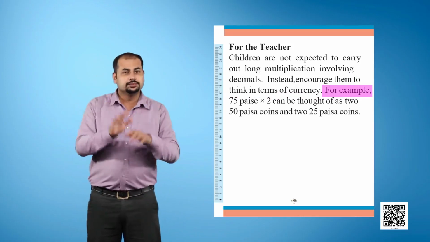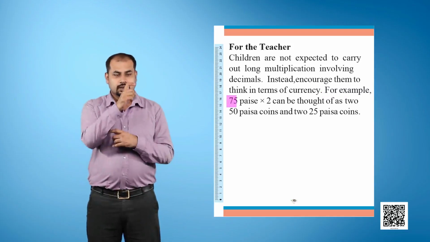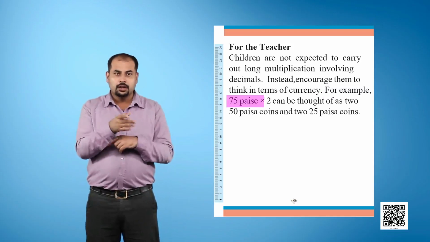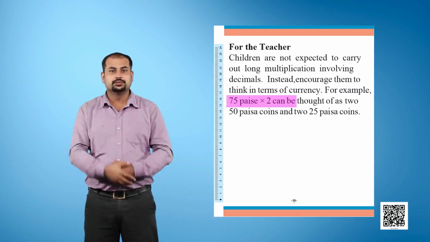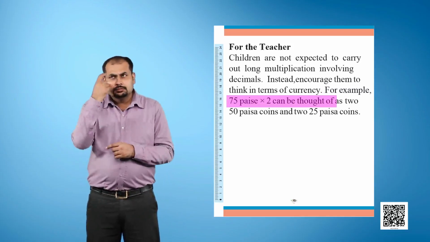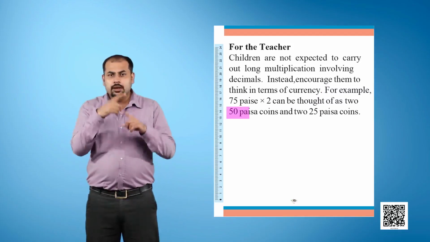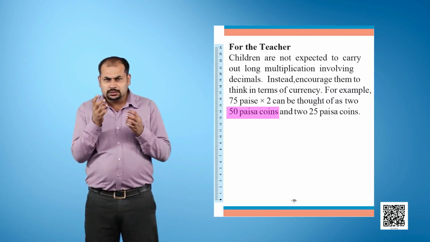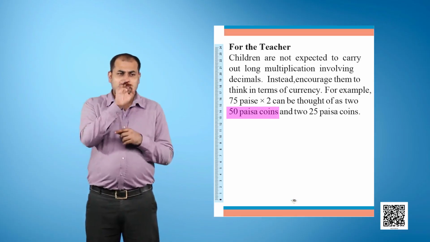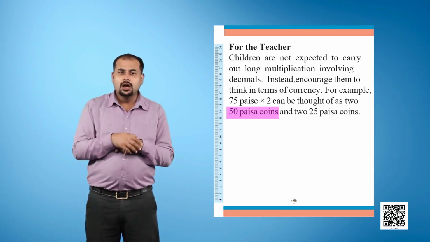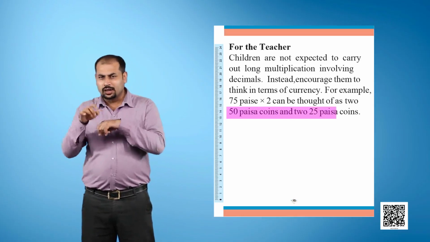For example, 75 paise multiplied by 2 can be thought of as 2 50-paisa coins and 2 25-paisa coins.